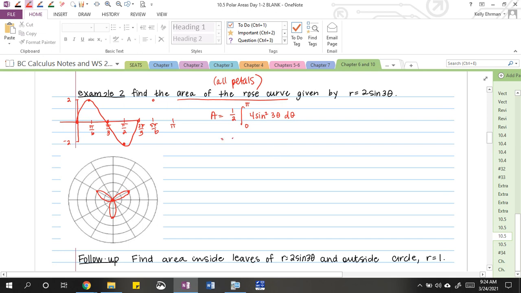Pull the 4 out in front. Instead of sine squared 3 theta, let's make it 1 minus cosine of 6 theta over 2. Get that 2 out of there.